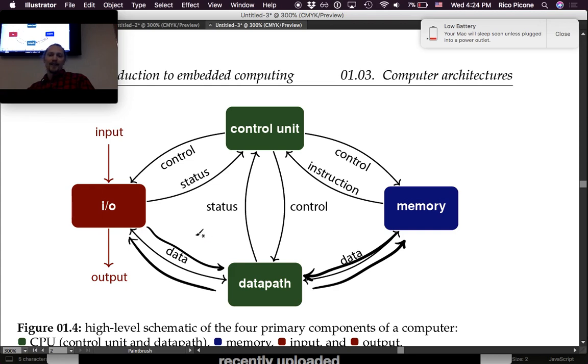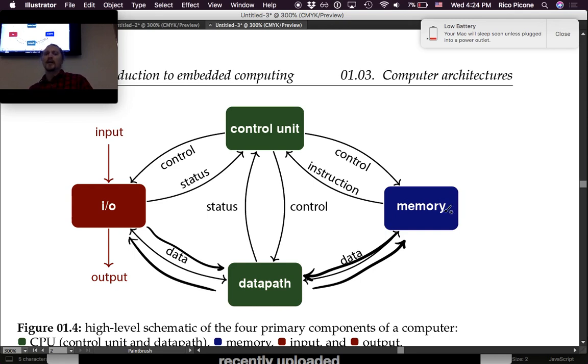So probably what the input would do is input would come in, control unit would tell it, would send it to the data path, which would write it to memory. Maybe do something with it depending on what operation it would do, and then send it to memory for storage.